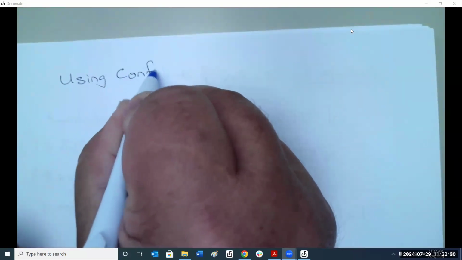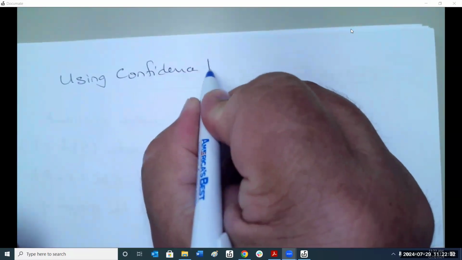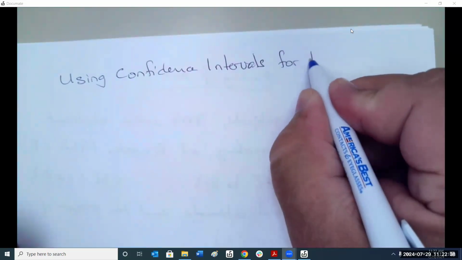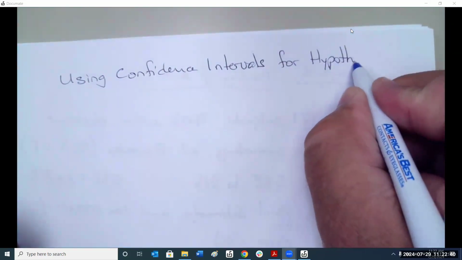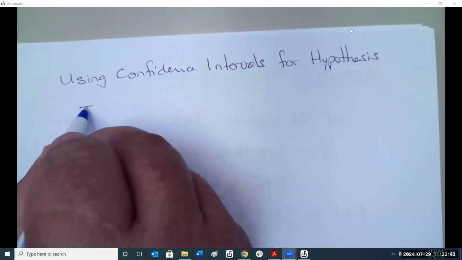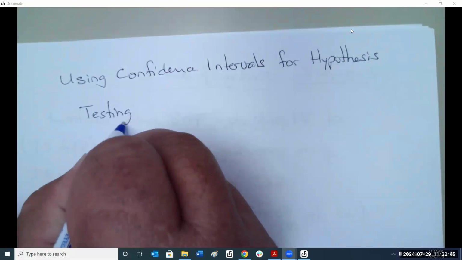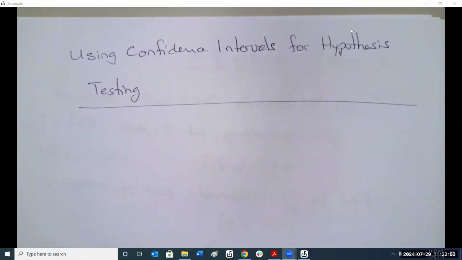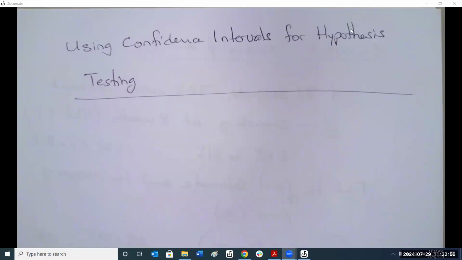Using confidence intervals for hypothesis testing. What is a hypothesis? It's not educated.